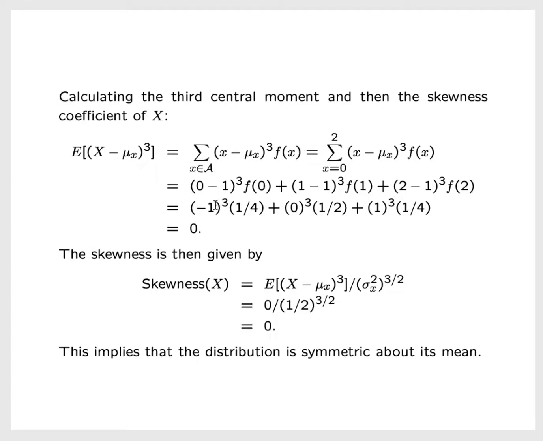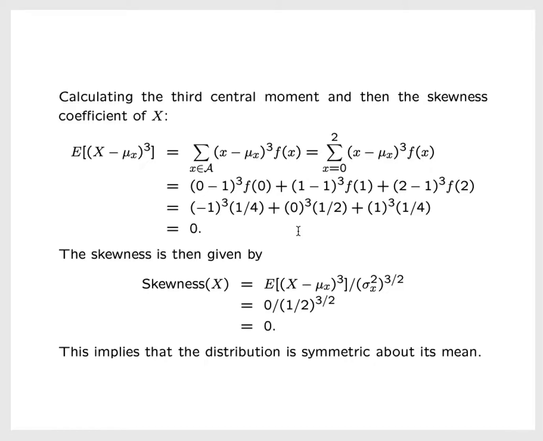And so we have 0 minus 1 cubed times f at 0 plus 1 minus 1 cubed times f at 1 plus 2 minus 1 cubed times f at 2. And so we have negative 1 cubed times 1/4 plus 0 cubed times 1/2 plus 1 cubed times 1/4. Now, negative 1 cubed is negative 1. Multiplied by 1/4, that's negative 1/4. Then we have a positive 1/4 over here, so the third central moment is 0.